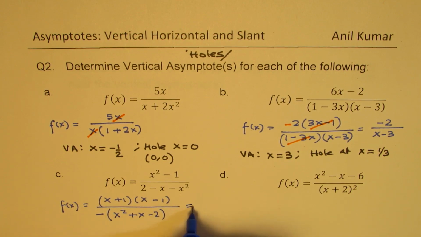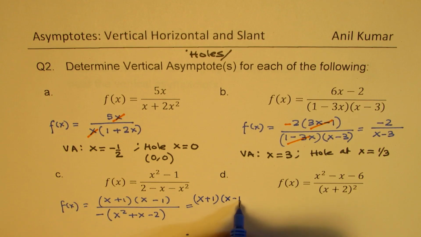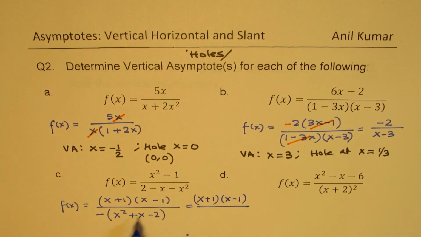Now we can factor this. Here we have a product of 2, so 2 times 1 will work. So minus (x minus 1) times (x plus 2), right? 2 times 1, the positive number is higher.